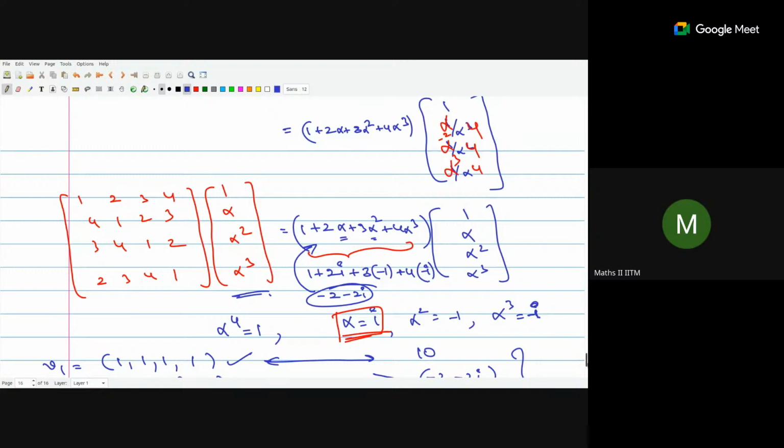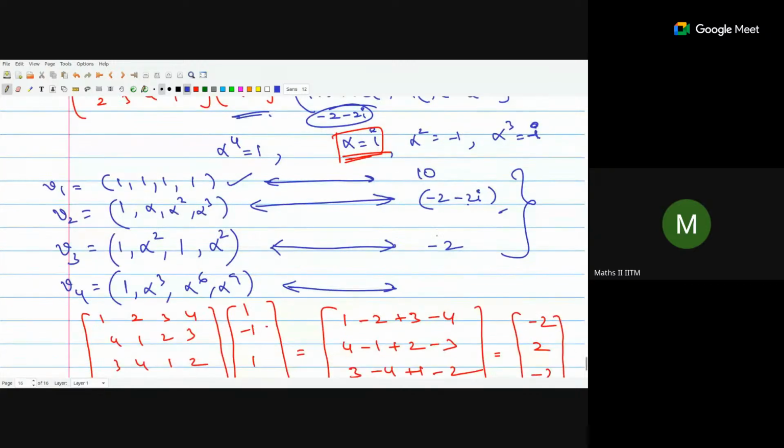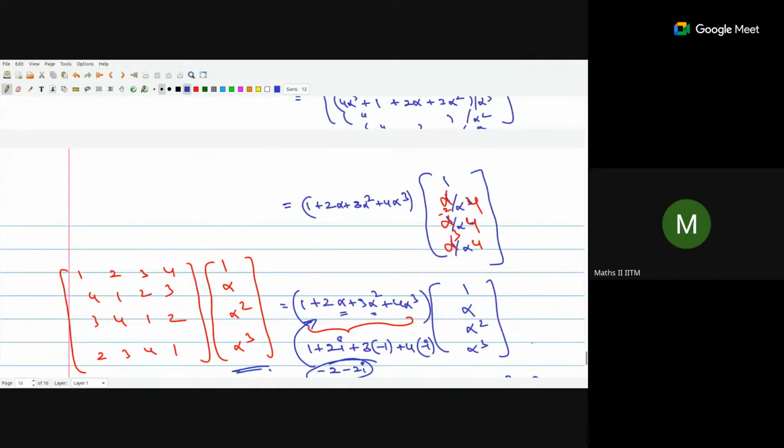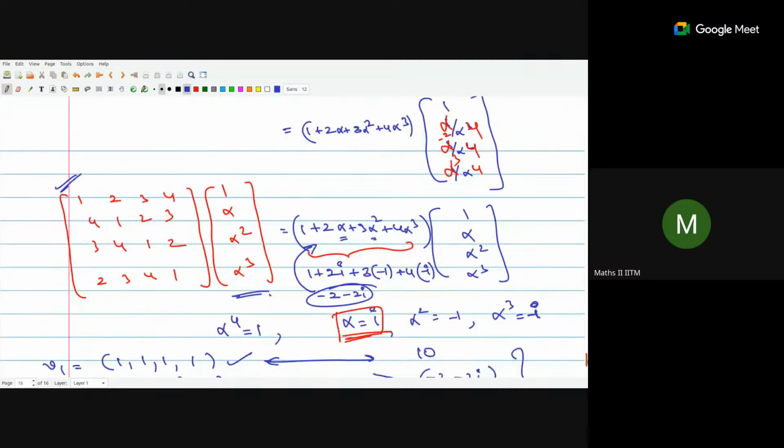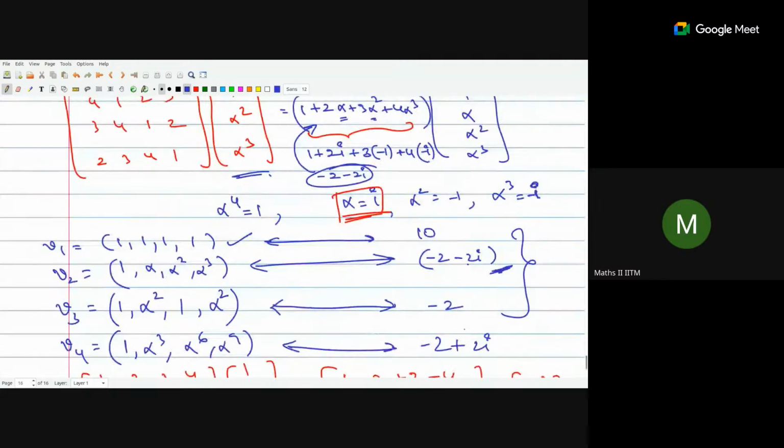The trace should be 4. You just add these 3, you will get 6 minus 2i. So therefore, it should be minus 2 plus 2i. Also, you can check that if minus 2 minus 2i is a root and it's a real-entry matrix, you will have its complex conjugate also as an eigenvalue.